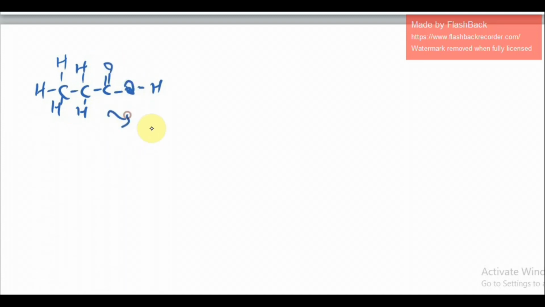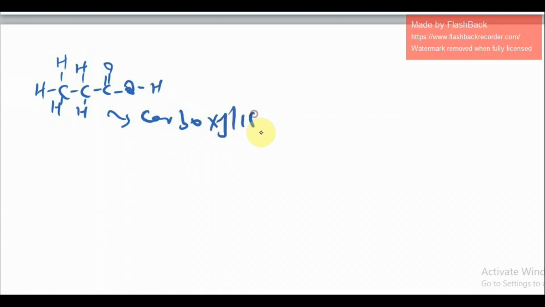Let me draw another one. So I will draw 1, 2, 3. Then I have a double bond O here. I have OH. The homologous series for this compound is the carboxylic acid.